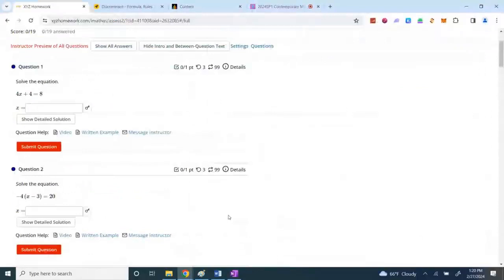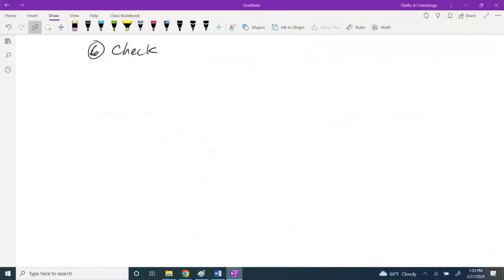the very first problem. It says 4x plus 4 is equal to 8. All right, so I'm just going to apply those 6 steps. So the first step says remove any fractions, which we don't have. The second step says remove any parentheses, which we don't have.